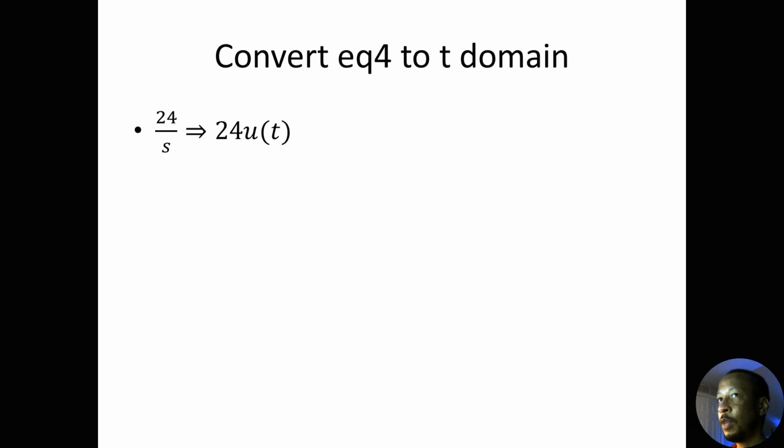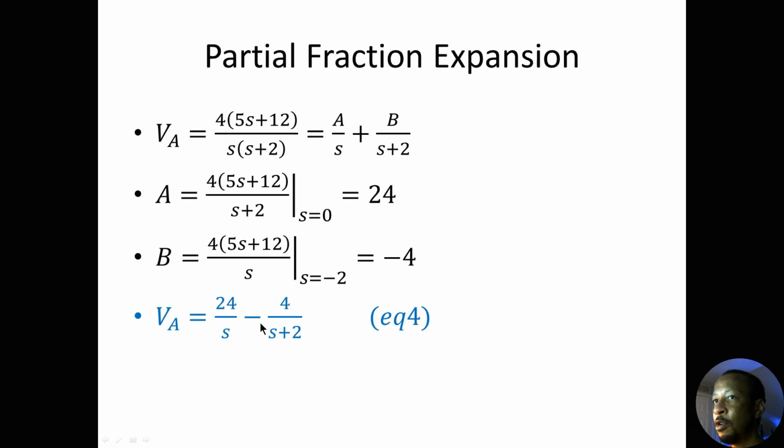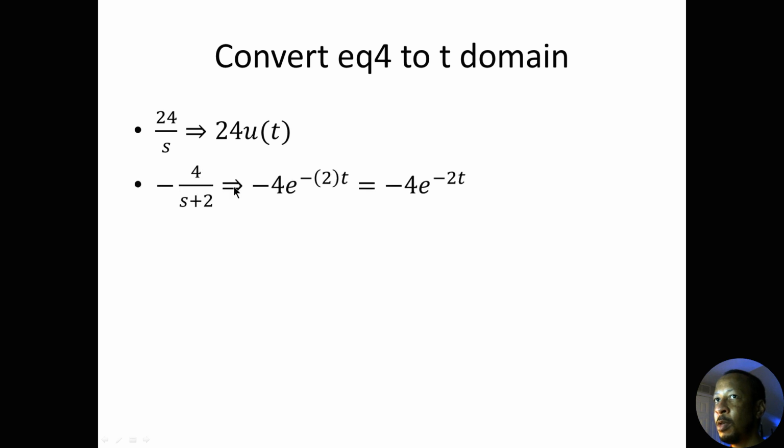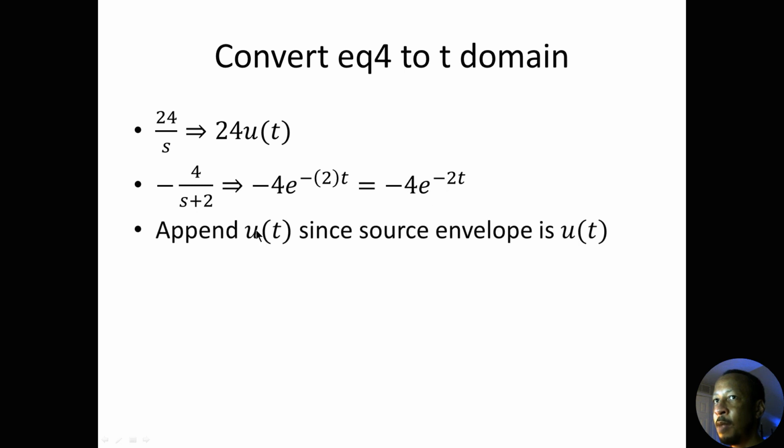It's multiplied by that. And what about the other expression, negative 4 over S plus 2? That becomes negative 4 e to the negative 2t.